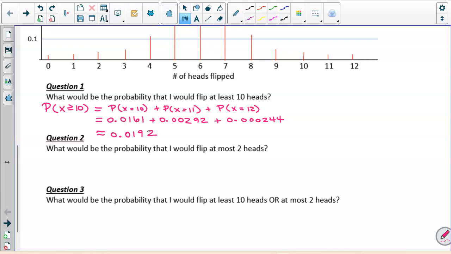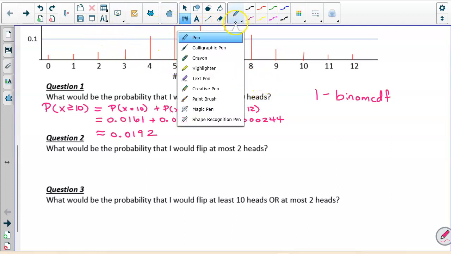Okay. What if you hadn't found all those individual ones? Do you remember how to do that in your calculator? Good. 1 minus binomial CDF. But remember, your calculator includes whatever number, right? So if I want 10 or more, I need to do 1 minus 10 or 9.